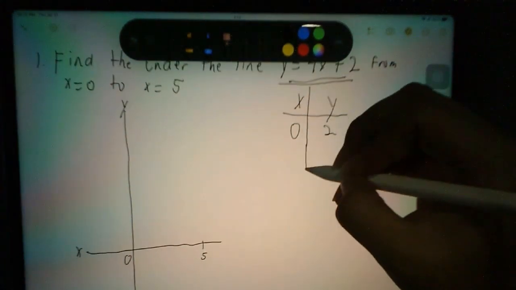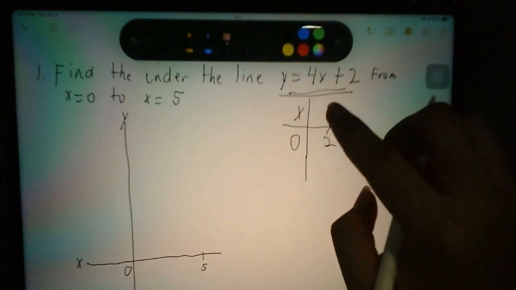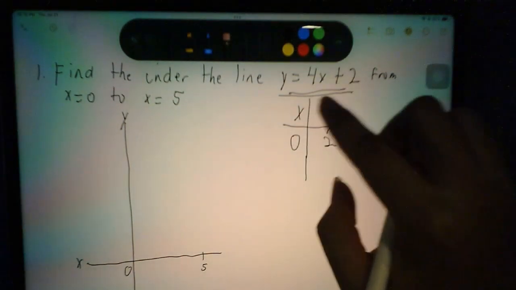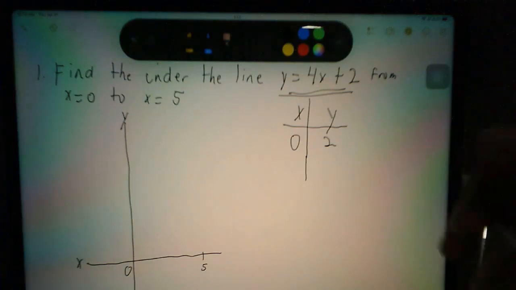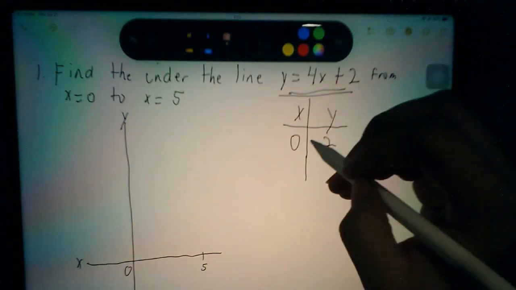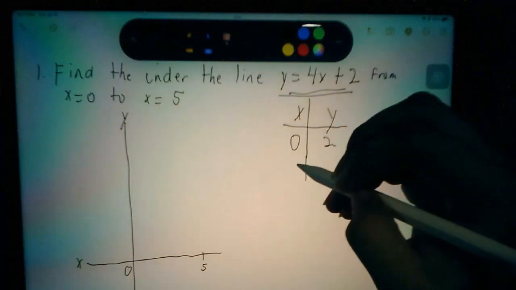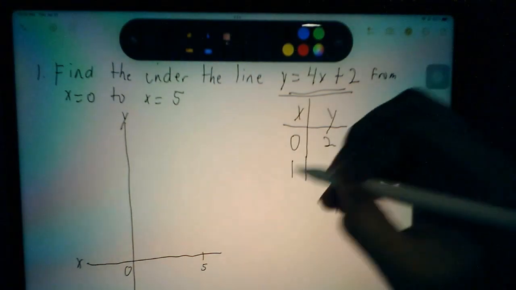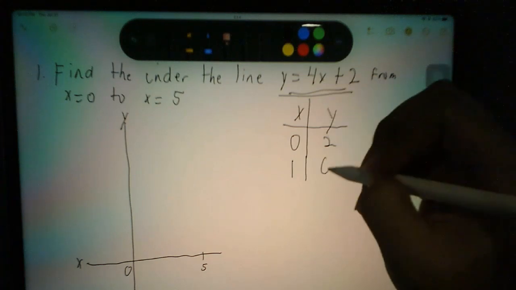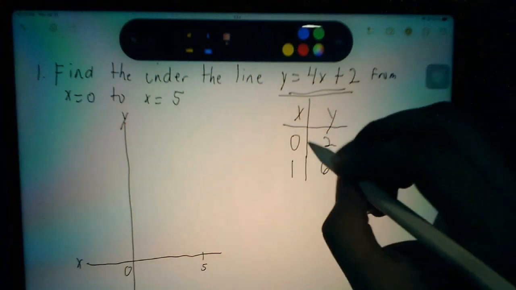Now, in plotting a line, we must have 2 points. If x equals 0, we already got the y, and if x equals 1, our y here is 4 times 1 plus 2, which is equal to 6. So let's plot the points.